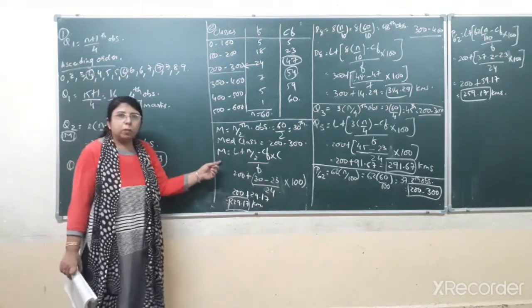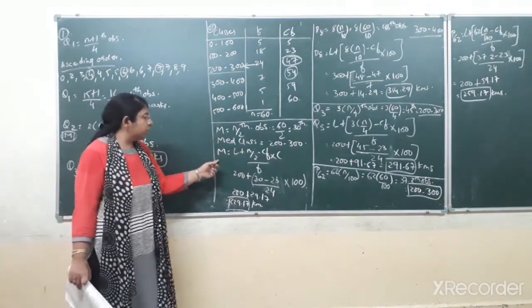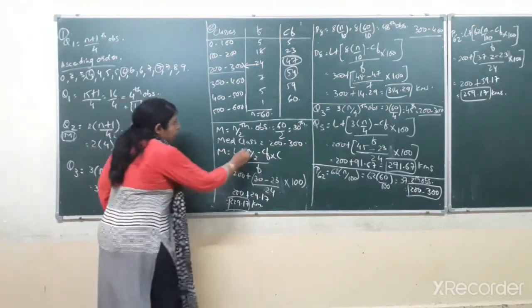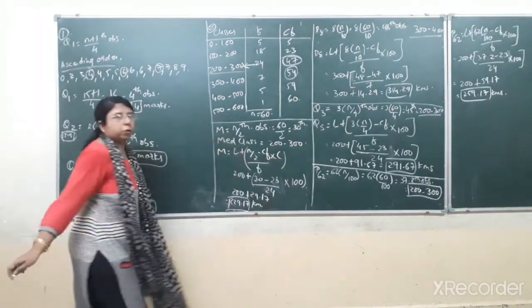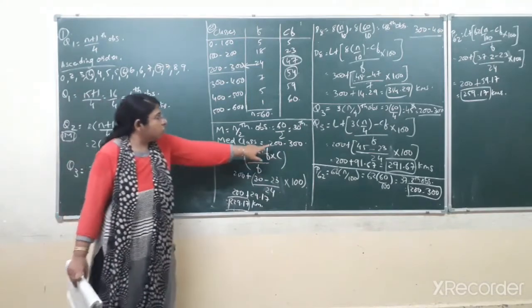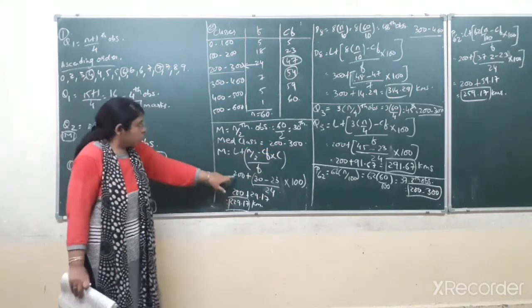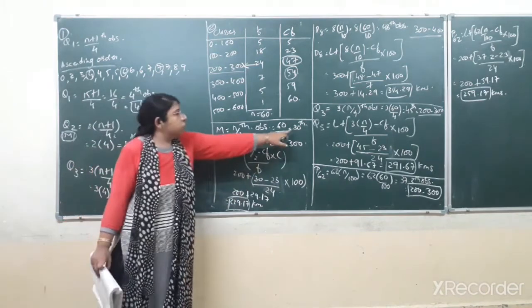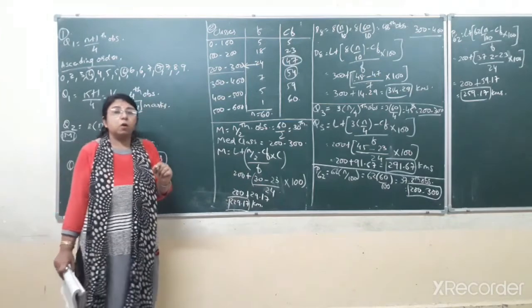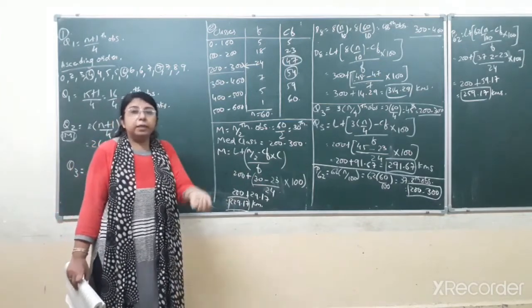Now applying the formula to find median that you have already studied: L plus n by 2 minus CF upon F into C. L is the lower limit of the median class. What would be the lower limit? That is 200. So 200 plus n by 2, that is 30, minus CF. CF we have to take prior to the median class.